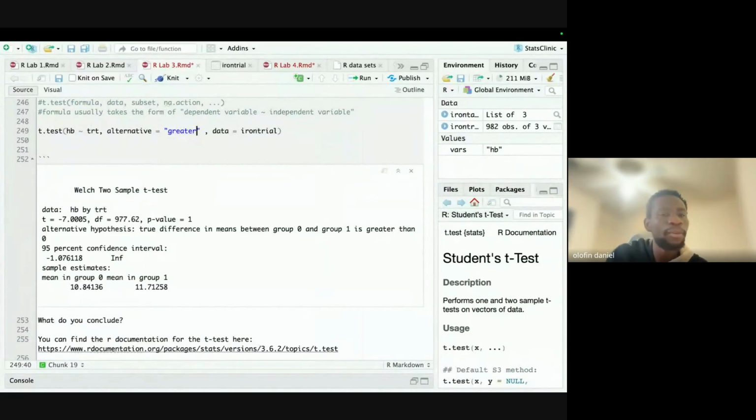Now, if you compare the p-value against the threshold of 0.05, you notice that we fail to reject the null hypothesis, and conclude that the placebo group is not greater than the iron supplement group.